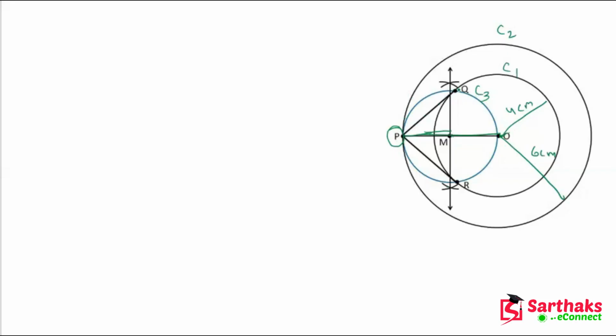Now we have two intersecting points on circle C1. Now we join PQ and PR. So these are the tangents. PQ and PR are the tangents. I hope you get this point.